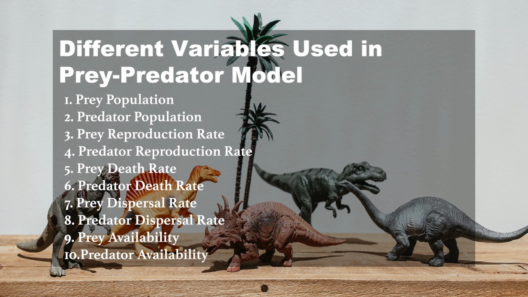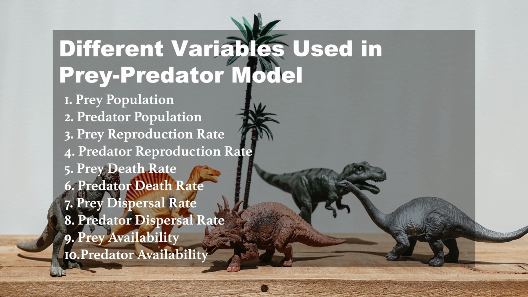This is the rate at which new predators are produced in an ecosystem and can be affected by the availability of prey. The fifth variable is prey death rate. This refers to the rate at which prey die in an ecosystem, which can be caused by predation by predators or any other factor such as disease or accidents.